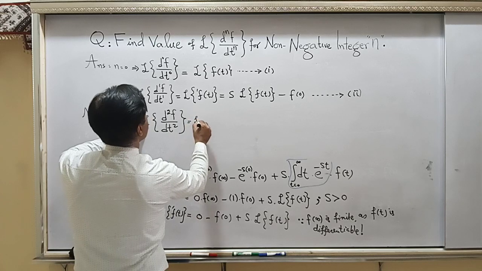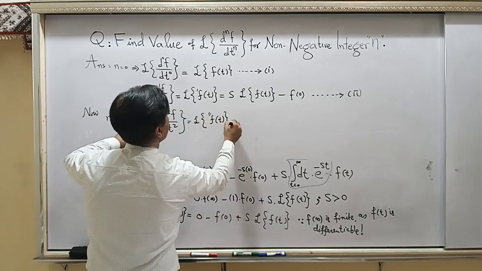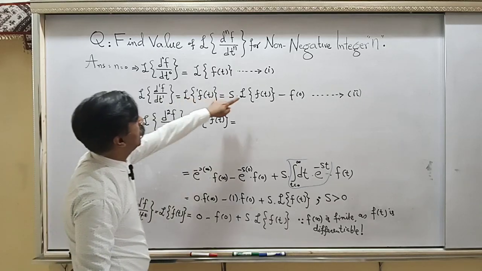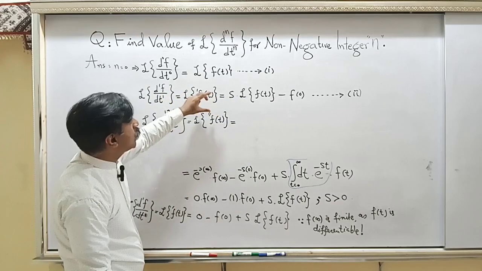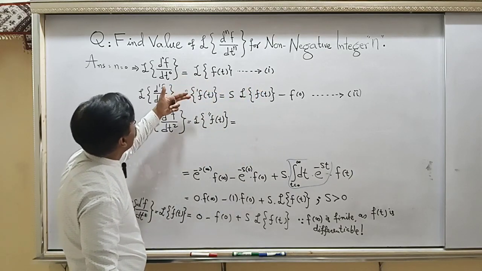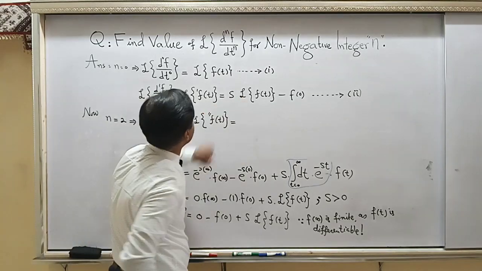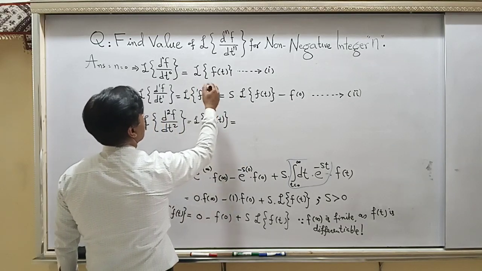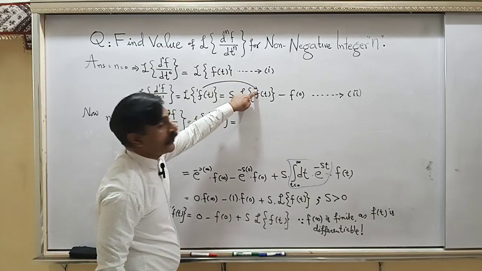It is the Laplace transform of f double prime t, and when you iterate equation number 2, look, iteration means use the rule defined by equation 2 for finding other Laplace transforms. And what's the rule here? This is first derivative and it transforms into zeroth derivative.